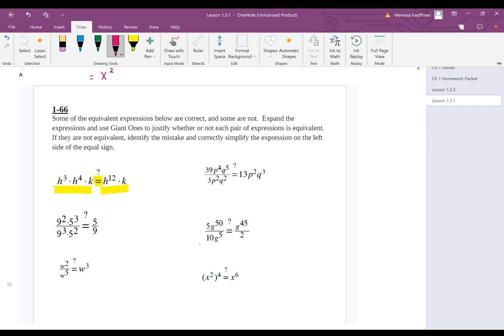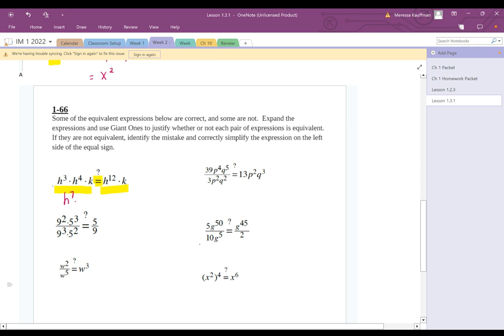We have 3 h's and 4 h's. 3 plus 4 is 7. So I have 7 h's and still 1 k. Here I have 12 h's and just 1 k. Are these equivalent? No, these are not equivalent. If they're equivalent, I either have 7 h's on both sides or 12 h's on both sides. So those would not be equivalent.